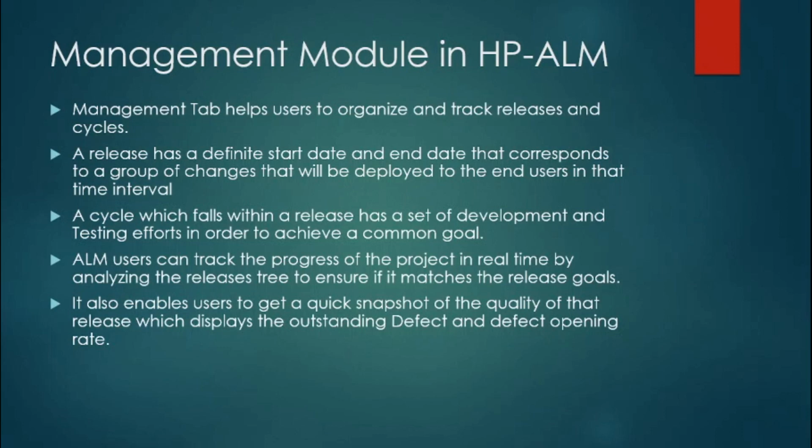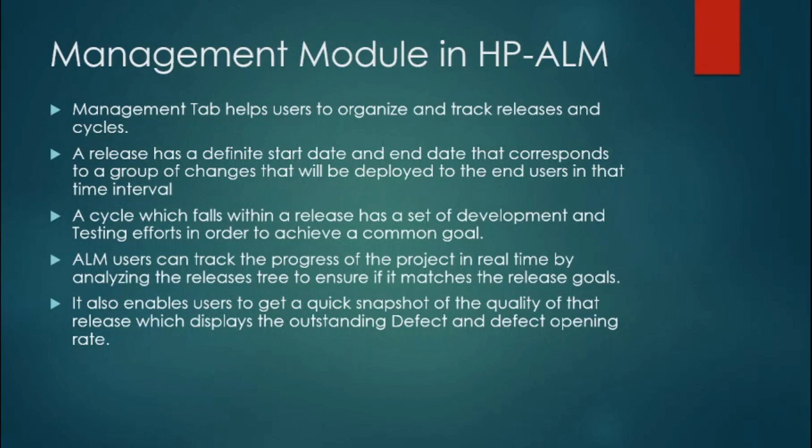As per the hierarchy, first come the releases. Under the releases you can have different cycles. A release has a definite start date and end date that correspond to a group of changes that will be deployed to the end user in that time interval.